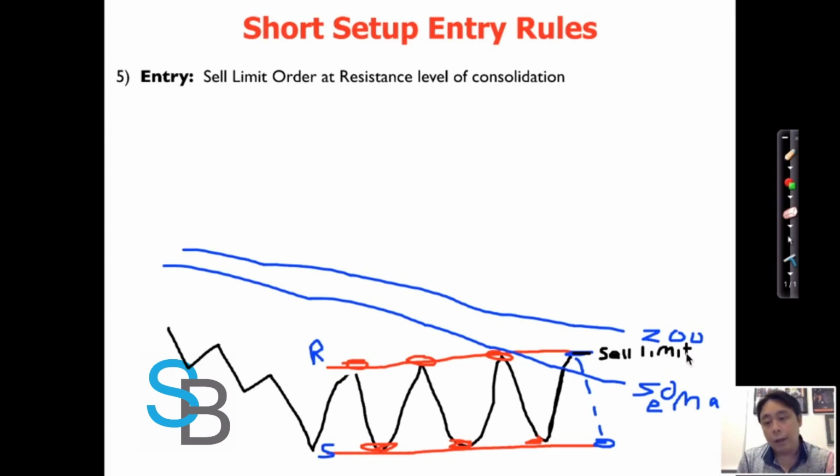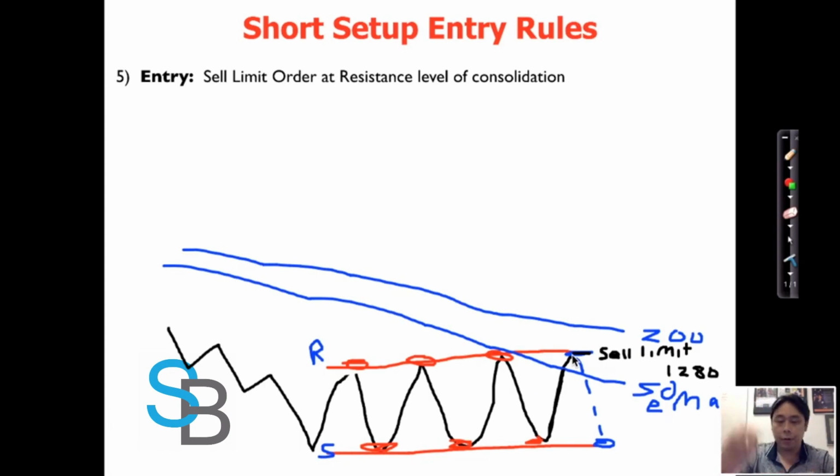For example, that could be maybe 1280. The moment it reaches 1280, our order will get filled and we will sell at 1280.